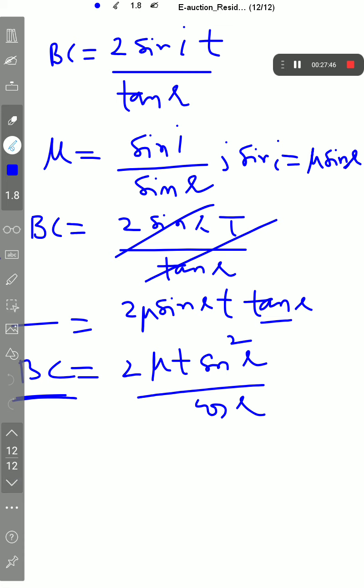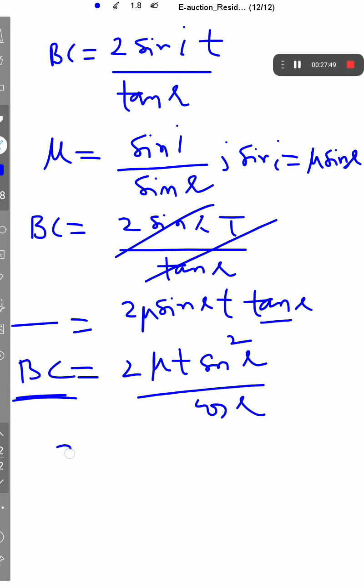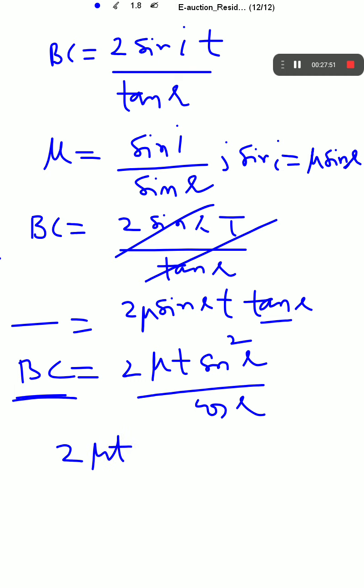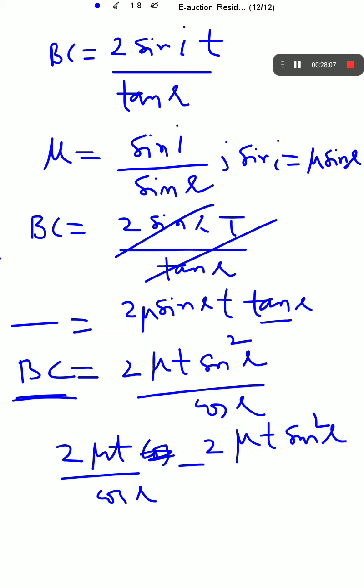So it will become 2 mu T cos upon cos R minus 2 mu T sin square R divided by cos of R. Ultimately these things can be written as 1 minus sin square. All the terms are same. 1 minus sin square is cos of R. So this becomes 2 mu T cos R.